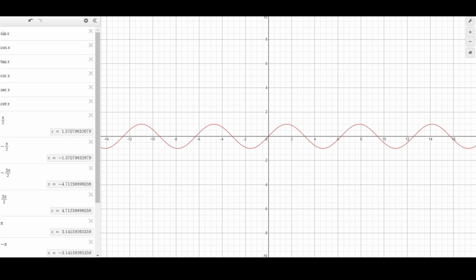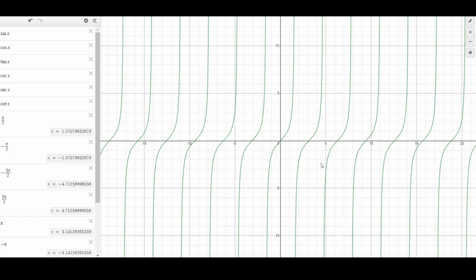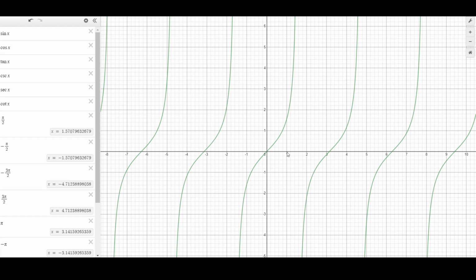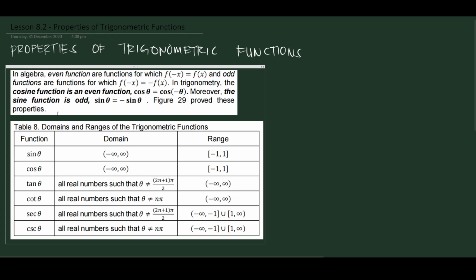Okay, let's take a look at y is equal to tangent theta. It looks kind of bizarre, right? There are many asymptotes. It says here that the domain is all real numbers such that theta is not equal to (2n plus 1) pi over 2, where n is an integer.